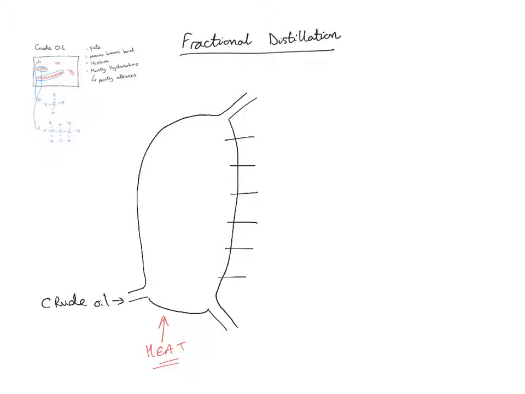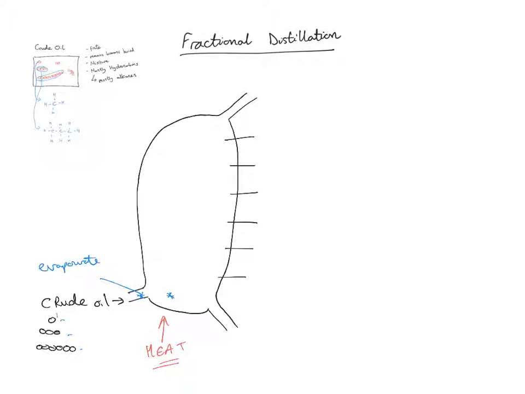So what we're going to do here is, with our mixture of different hydrocarbons or different chains, we're heating them up so that they evaporate. So here we're going to evaporate the different parts in crude oil. Now what we actually find is that the shorter the chain, the lower the boiling temperature.